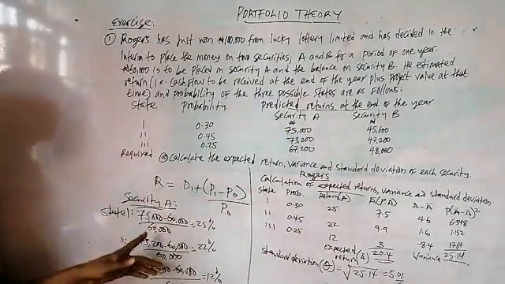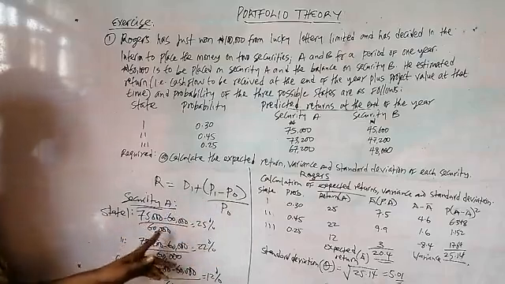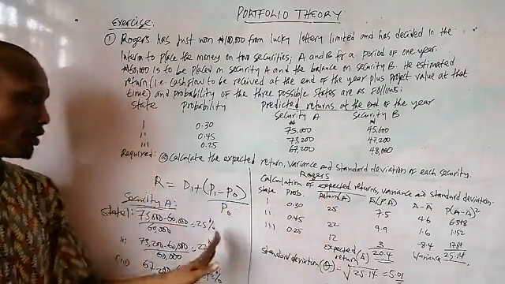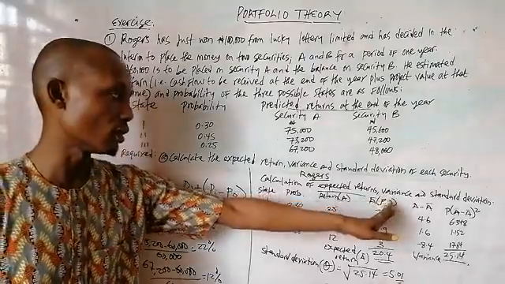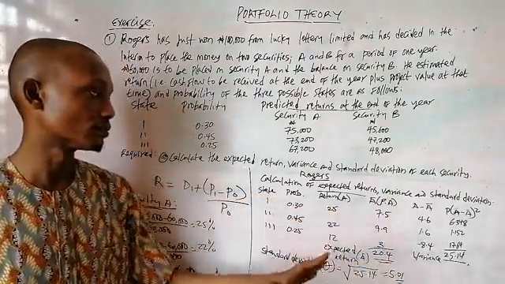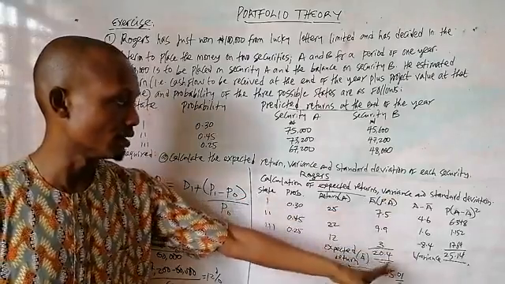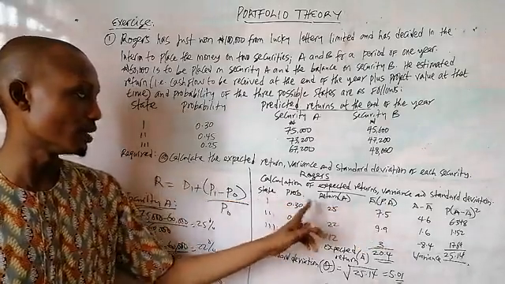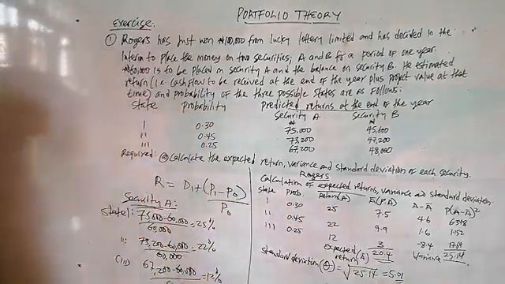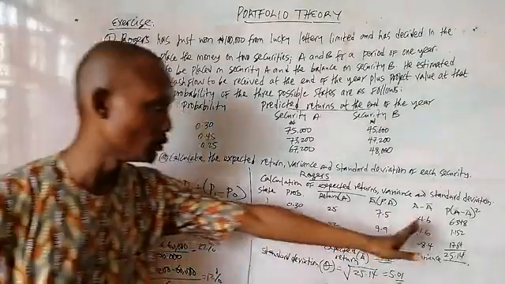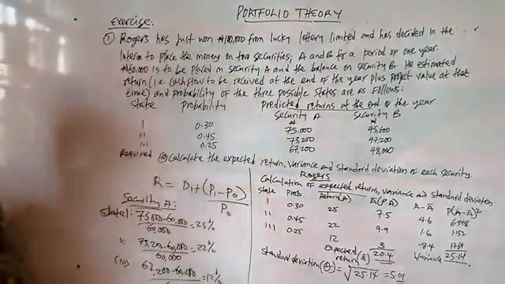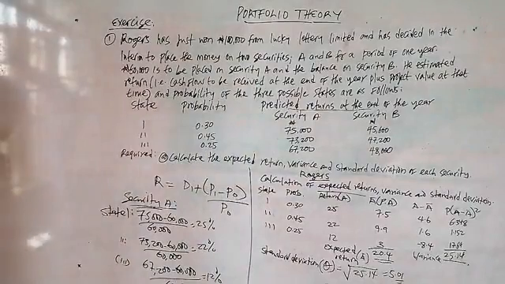In such a scenario, use this method to calculate your return, before you proceed to calculate your expected return. Expected return A bar is equal to P times A. Then you move a step further to calculate the variance, and the square root of variance is your standard deviation. So that is for security A.